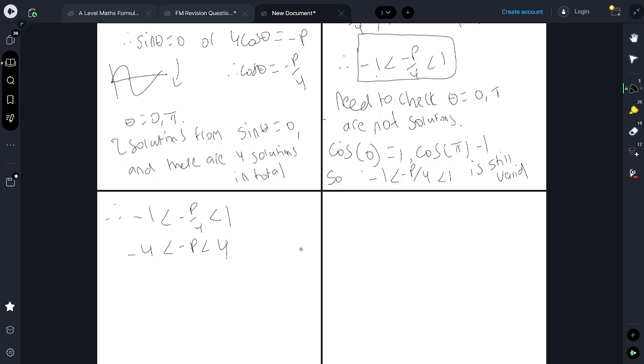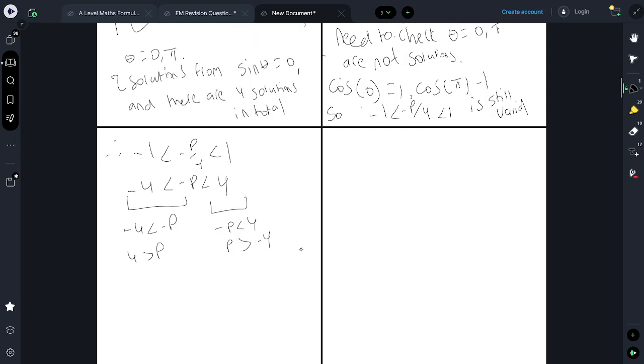So we can split this up. So we could say minus 4 is less than minus p, so that would mean 4 is greater than p. And minus p is less than 4, so p would have to be greater than minus 4, which then means p has to be less than 4 as well if we rearrange that.